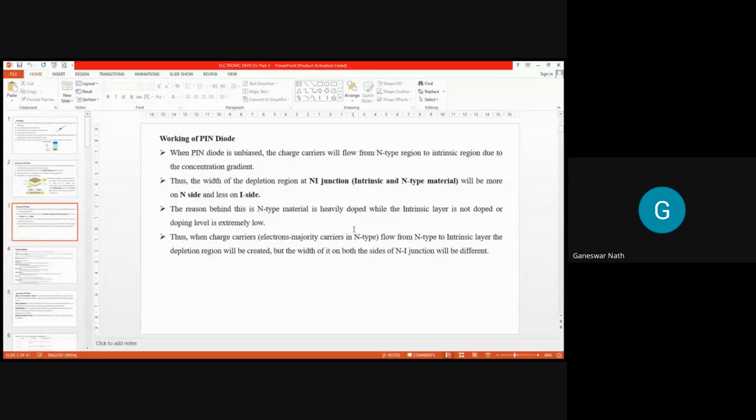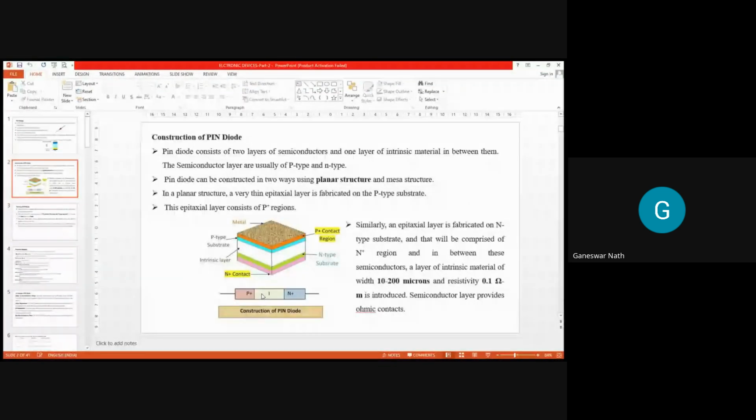Okay, so when charge carriers, that is electrons from the majority carrier N-type, flow from N-type to the intrinsic layer, the depletion region will be created, but the width on both sides of the NI junction will be different. You can see that as this N-type is heavily doped and this is poorly doped, through this junction the majority charge carrier, that is electron, from the N-type region will move to the intrinsic region.